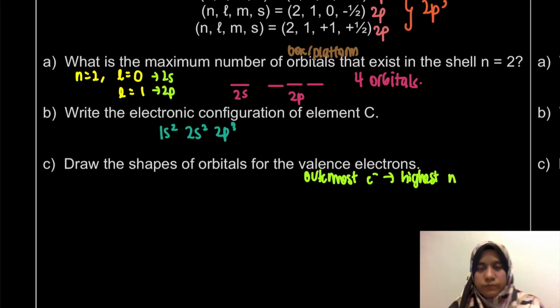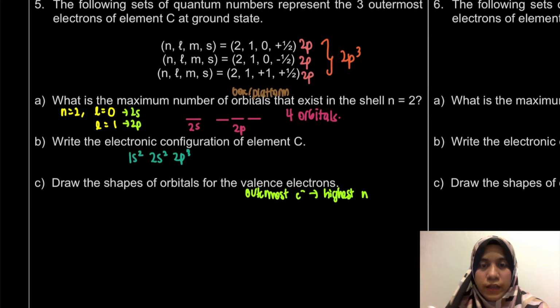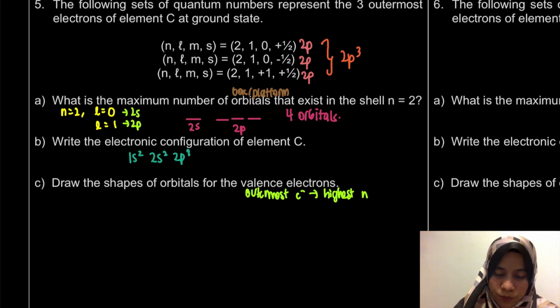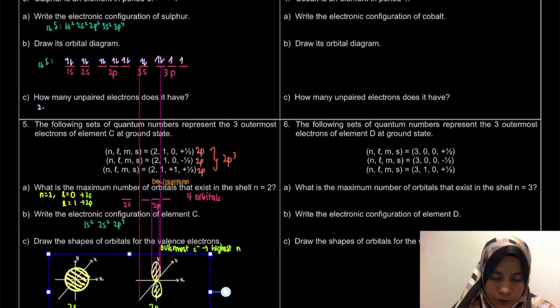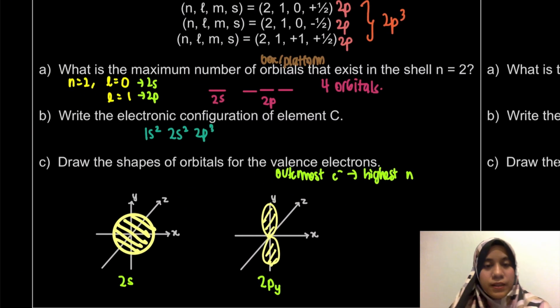It's easy, okay, it doesn't matter, I'll explain later. So this is the shape of orbital that we have to draw. S is spherical, P is dumbbell, D is cloverleaf. But in this case n equals 2, and n equals 2 has S and P. So this is P, so the possibility is this, 2py. So that is actually the solution for question number 3.